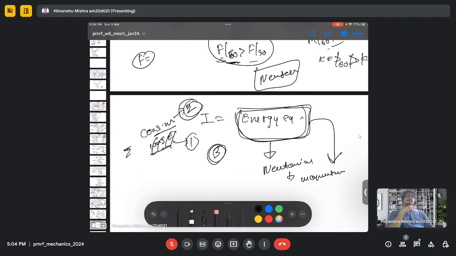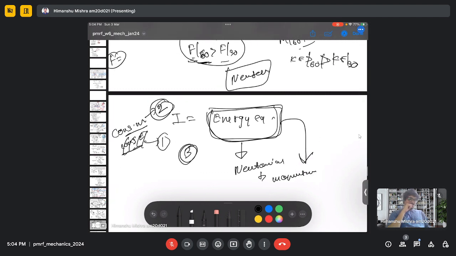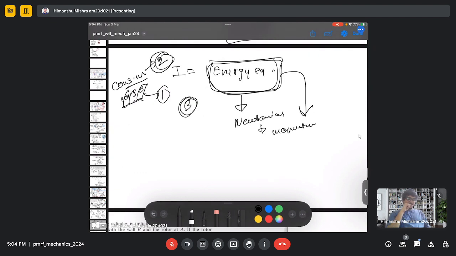Is this the case? So basically, there is a concept which is called Lagrangian. It is pretty much not in the UG curriculum, but if you are using the Lagrangian principle, you can actually deduce the momentum equation.